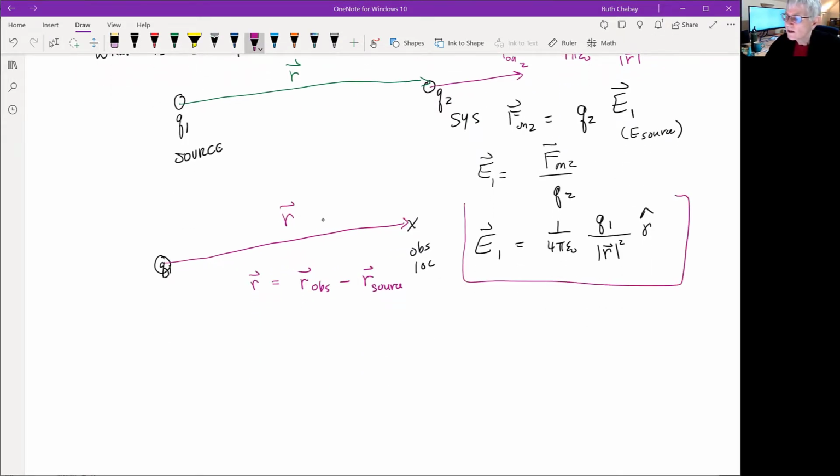And so we can predict the electric field due to a point charge at any location in space we want to, just by doing that calculation. So let's see what that looks like.